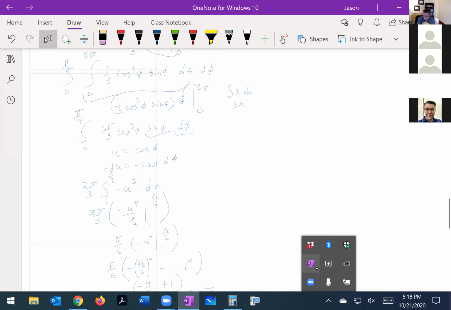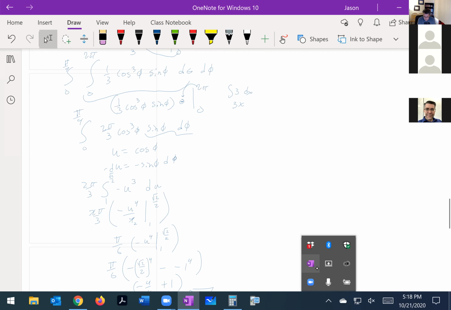No, because what you have there is two functions of phi, right? I mean, if you want to integrate by parts, go right ahead. But to me, that's a lot harder than just doing a u sub. Oh, okay.